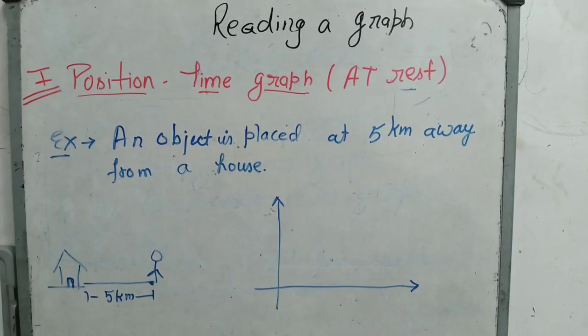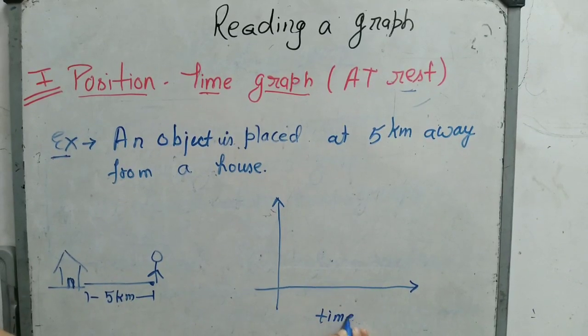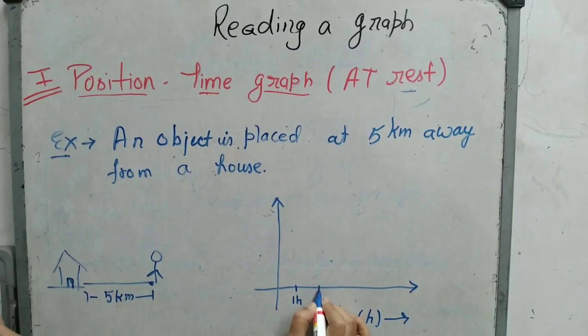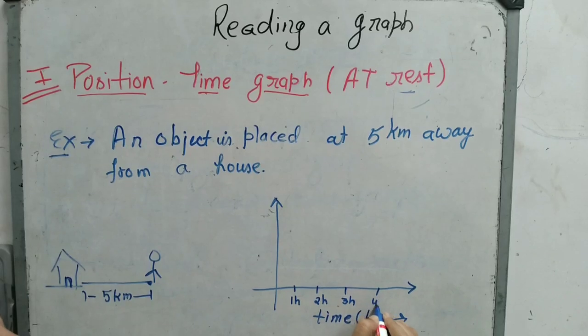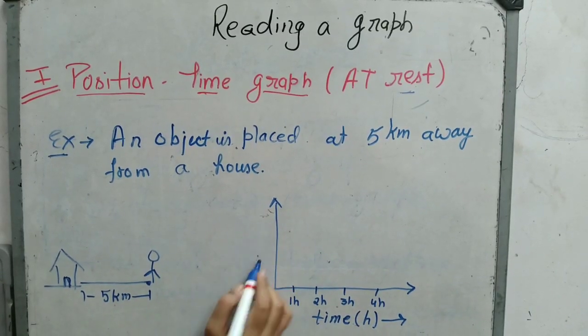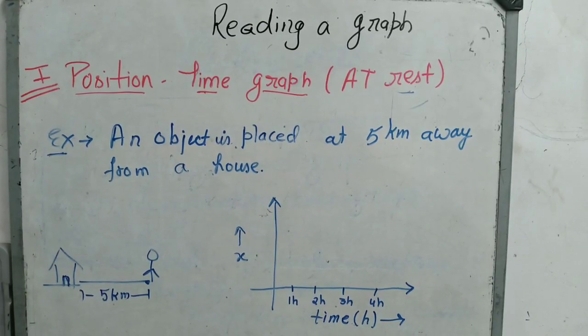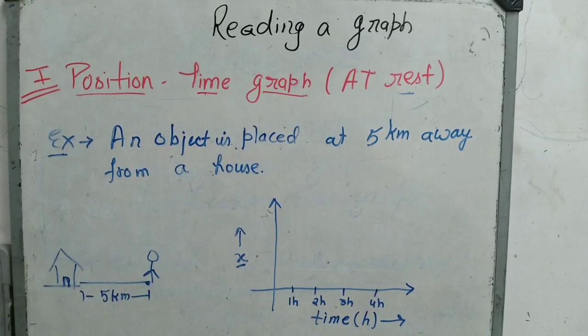See, these are the two axes of the graph. We will place time on the horizontal axis. It will be represented by t. So it would be like 1 hour, second hour, third hour, and so on. Similarly, on the vertical axis, we can keep the distance or position of an object. We will represent the position or distance by x over here.